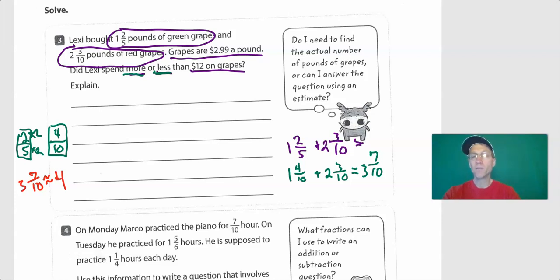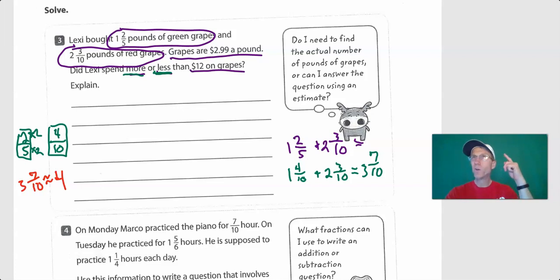But remember, we're rounding up. So if we were to find out exactly how much she spent, it's going to be less than this, because we're pretending like we have 4 pounds of grapes. We really only have 3 7/10, so a little less, but we're pretending like we have more. So we have to keep that in mind.